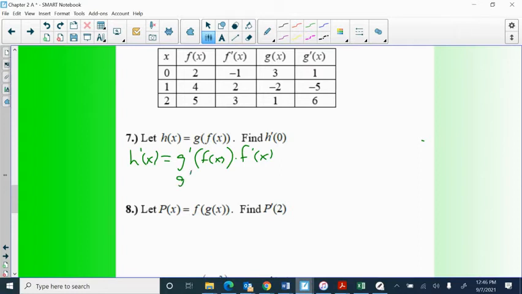So for g prime of f of x, f of 0 is 2. F prime of 0 is -1. And then g prime of 2 is 6. So I believe the answer should be -6.